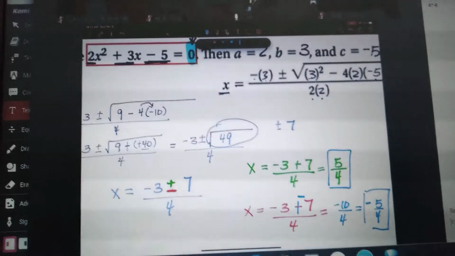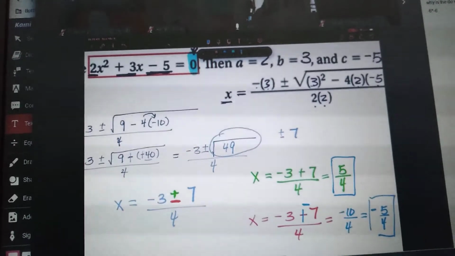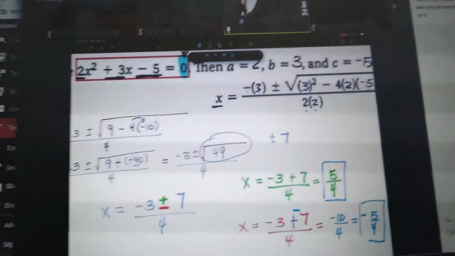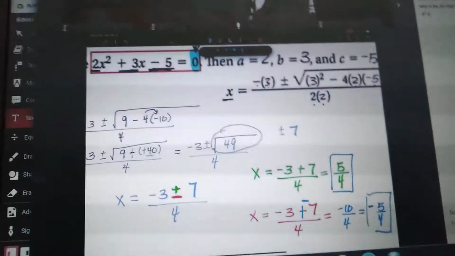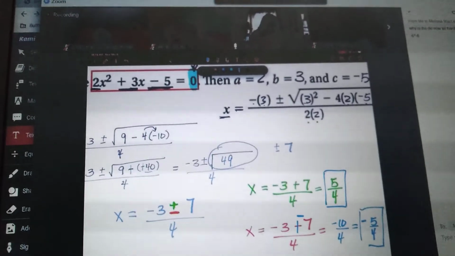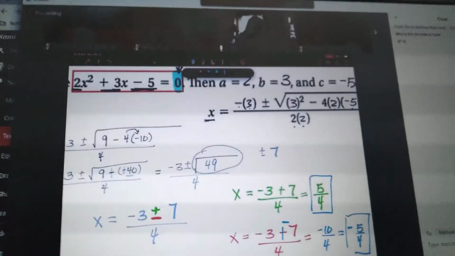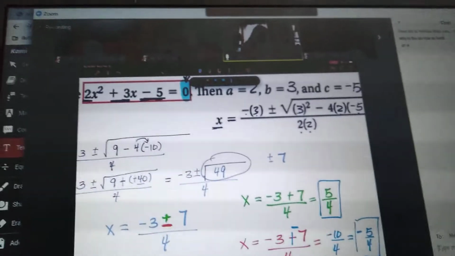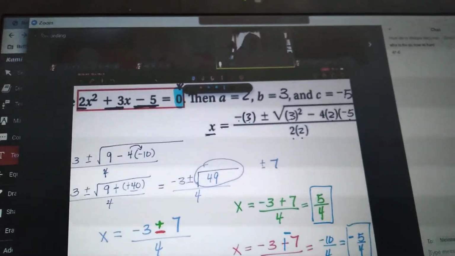Did I make an error? Yeah, what you do on top, aren't you supposed to do on the bottom too? What do you mean? For the negative 10 and 4, you divided by 2, but aren't you supposed to divide by 2 for the 4? Okay, I made an error.